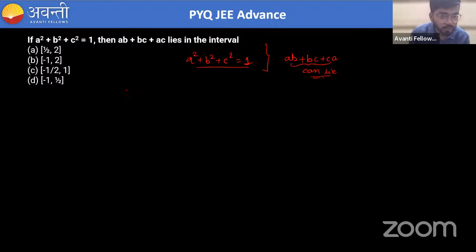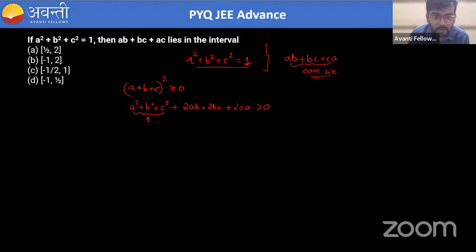So first of all, to find this out, we all know that A plus B plus C whole square will always be greater than or equal to 0, right? If you square any term, it will always be greater than or equal to 0. So what is this value? A square plus B square plus C square plus 2AB plus 2BC plus 2CA is greater than or equal to 0.